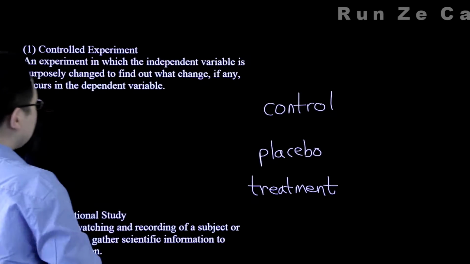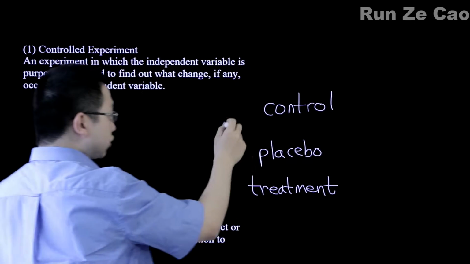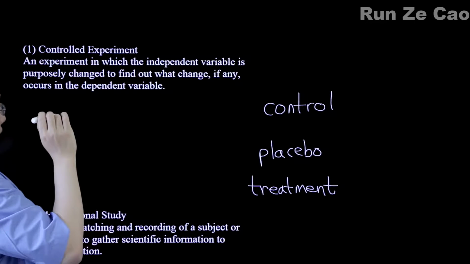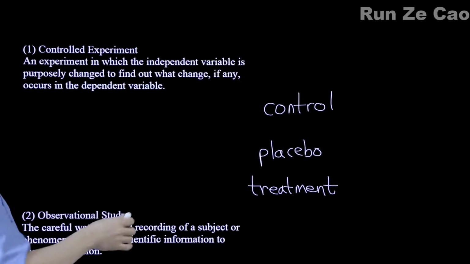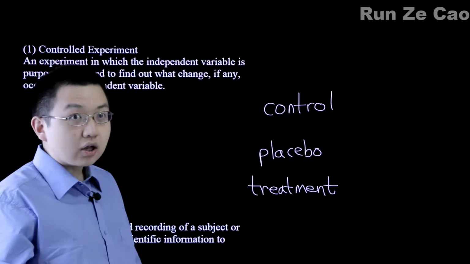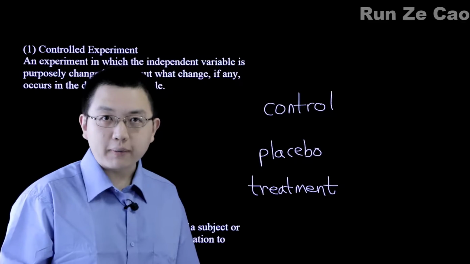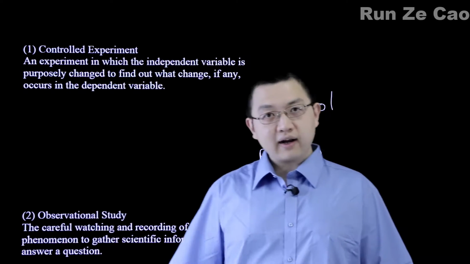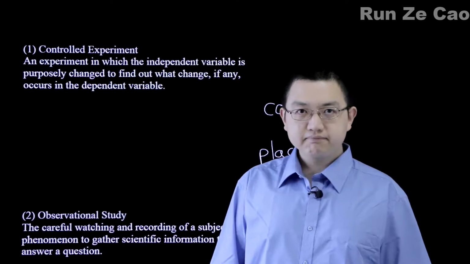However, even though controlled experiments should always at least have control groups, that's not the reason why they're called a controlled experiment. They're called a controlled experiment because you control the independent variables, as opposed to observational studies where you just look at what's already there and you draw conclusions from there.